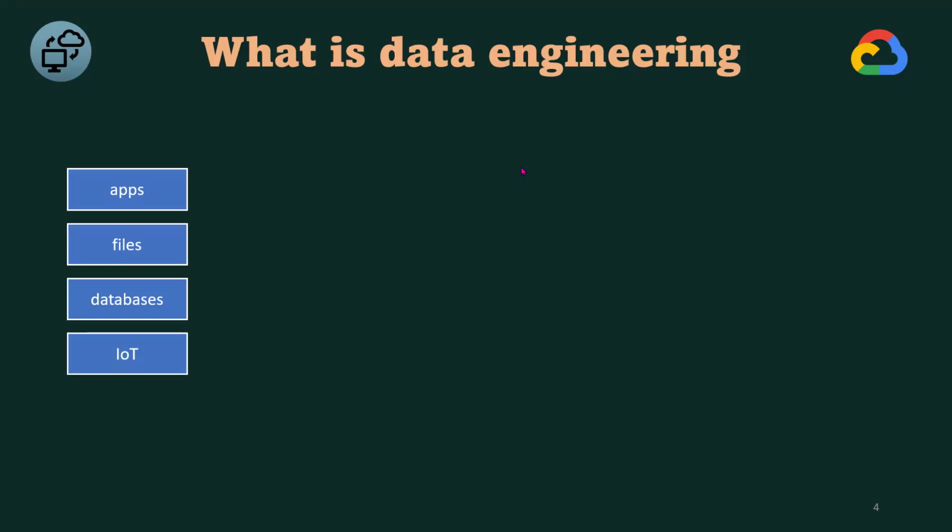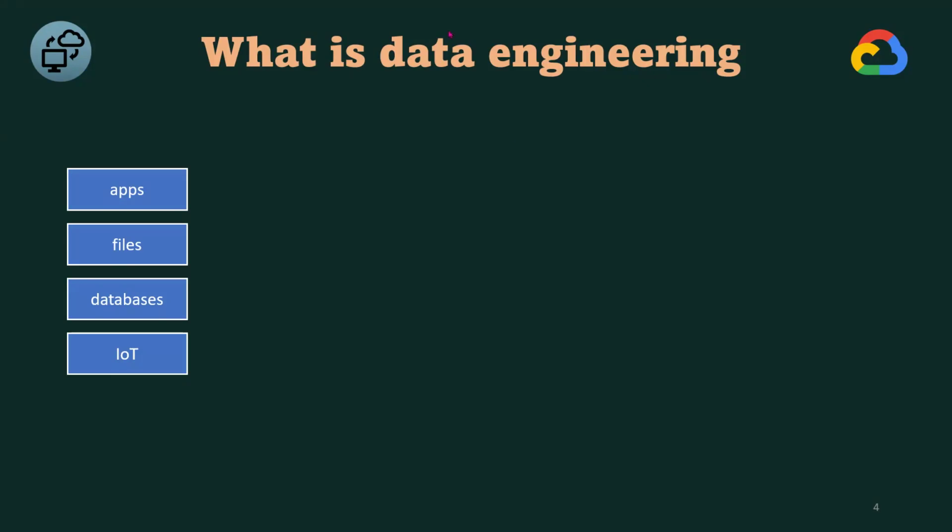With sensors, they detect something and generate some data. So these are all the data sources where the data is coming from: applications, file formats, databases, IoT or sensor devices, or web services.